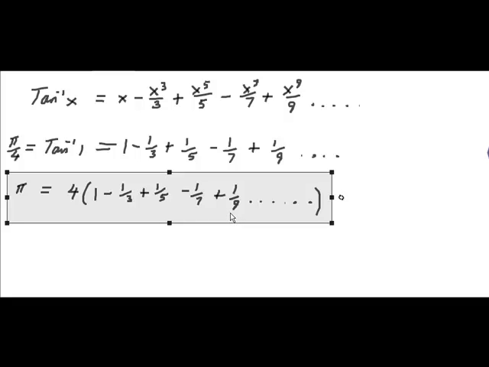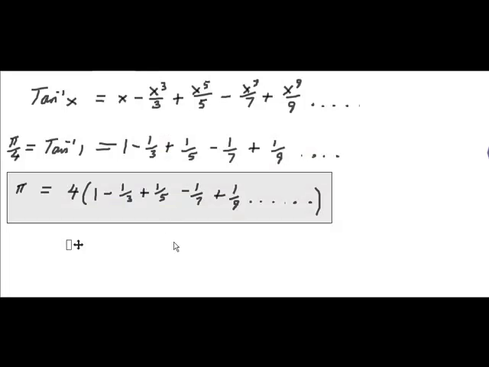There's one problem with this, which is that it doesn't converge very quickly to the correct answer, and you can just write that down as a note. It doesn't converge to pi quickly enough.